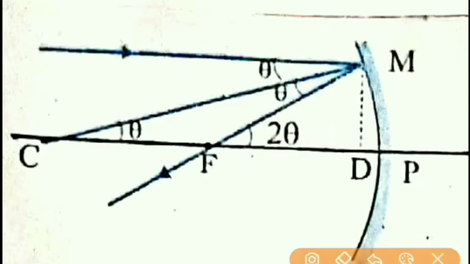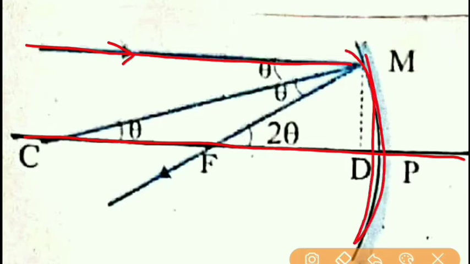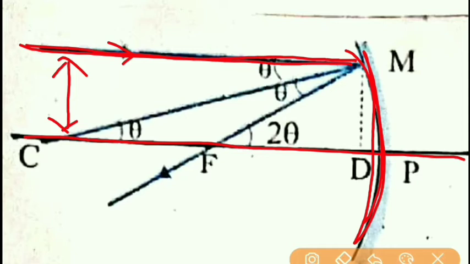Now students, here these rays are considered quite close to this principal axis because the aperture of the mirror is considered very small, and so these rays which are incident on the mirror are considered very close to the principal axis, and so they are known as paraxial rays.